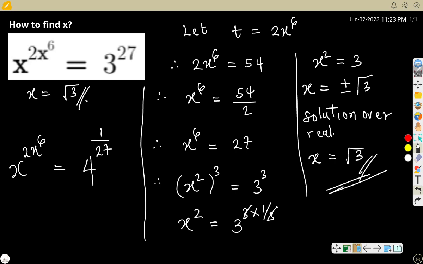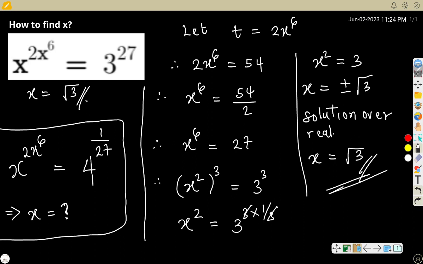Or comment the value of x in the comment section, so I'll reply to you with the answer. So this root 3 is for the question I solved. So thank you.